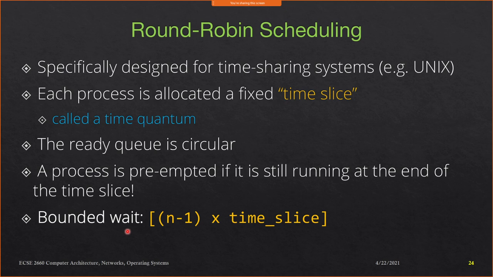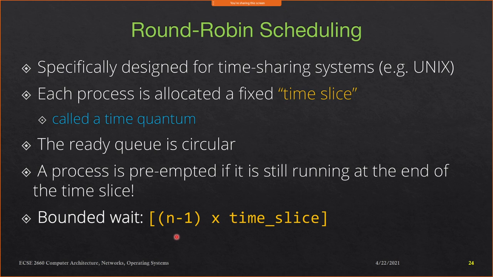They are getting 1/5 of the CPU resource because they are doing this on a time share basis. But how long at the maximum will they need to wait before they get the CPU's attention? Well, if there are n processes, then the next time they could get the CPU resource would be the maximum.